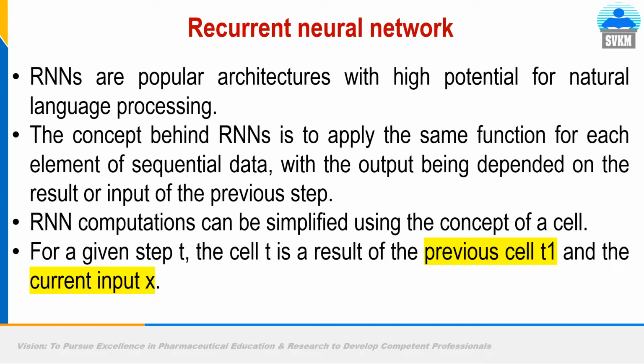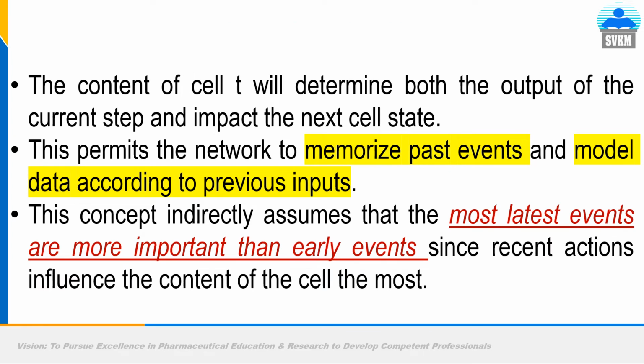As I told you, RNN considers two types of values, the fresh input and the output of the previous cell. The content of cell t will determine both the output of the current step and the impact on the next cell step. This permits the network to memorize past events and model data according to previous inputs.